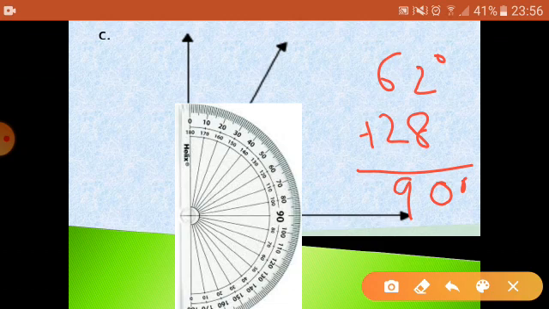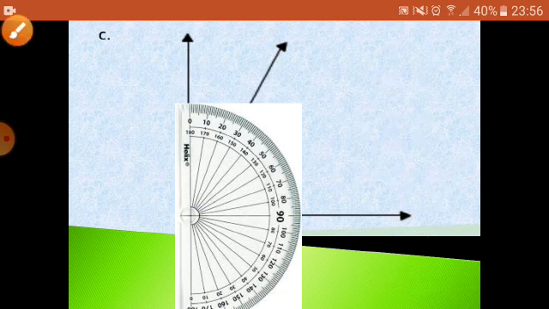Now I just want to tell you one method, or one trick you can say, through which you can get the correct calculations. Suppose you are not getting exactly the value, either it is 28 degree or 29, and there's a slight difference in the line. At that time you can do one thing.